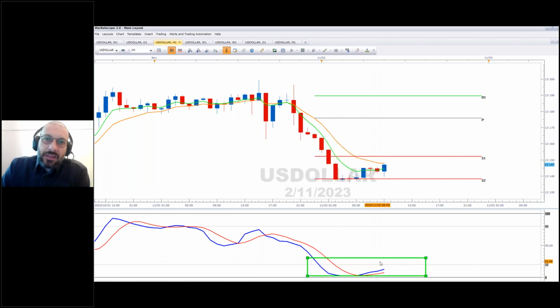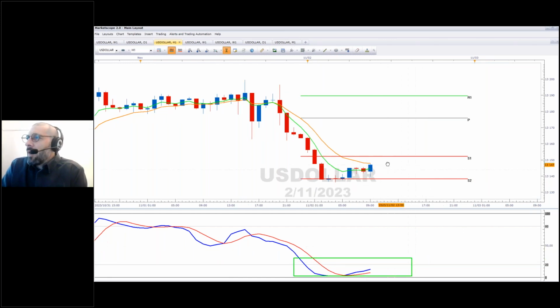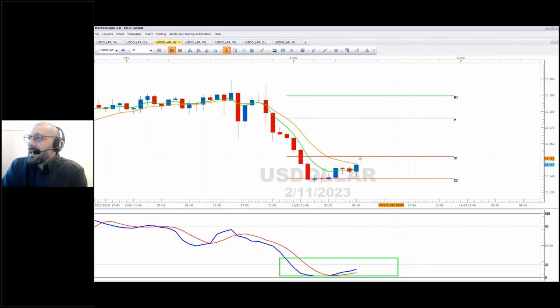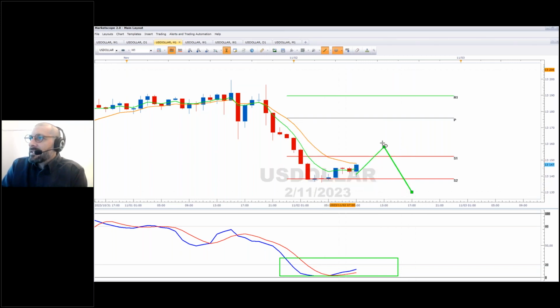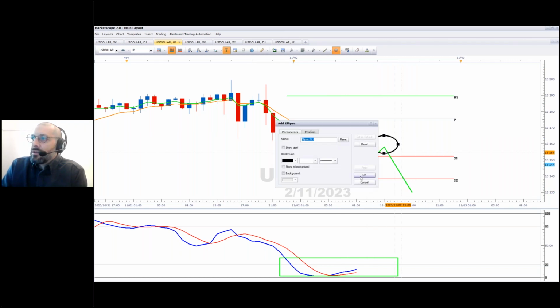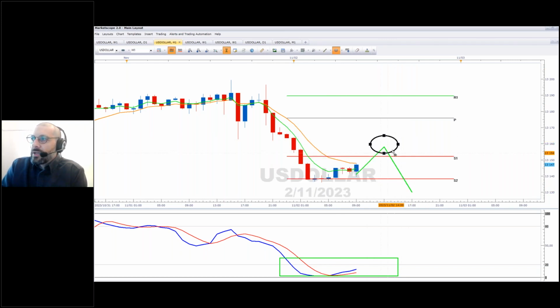So there certainly seems to be some sort of bearish pressure here. What I would watch is the S1 level. So watch for some sort of movement up. If it goes above the S1, just watch for the reactions and see if there is some sort of opportunity to short into the rally.